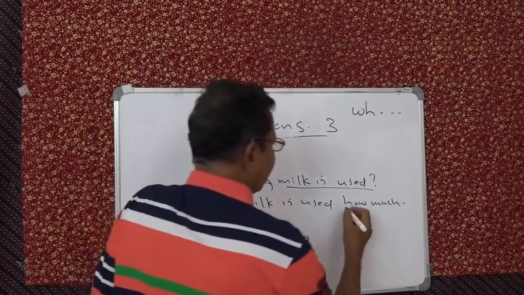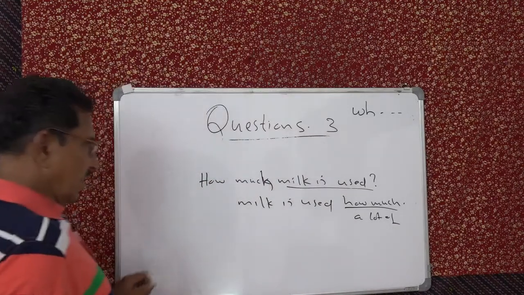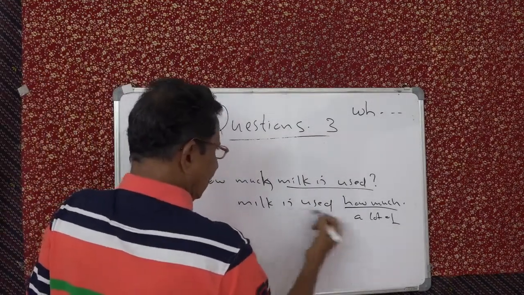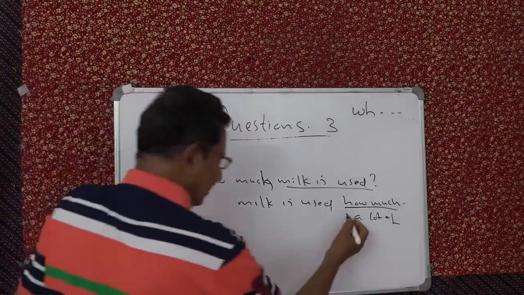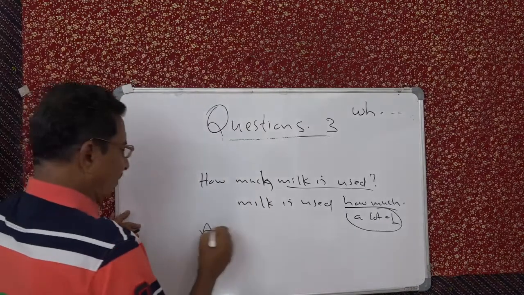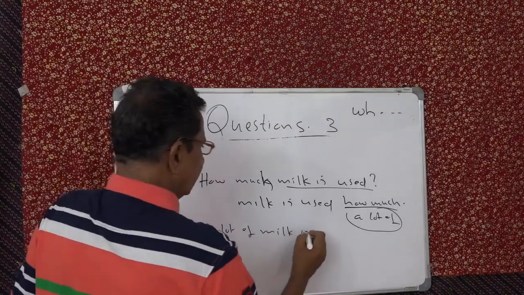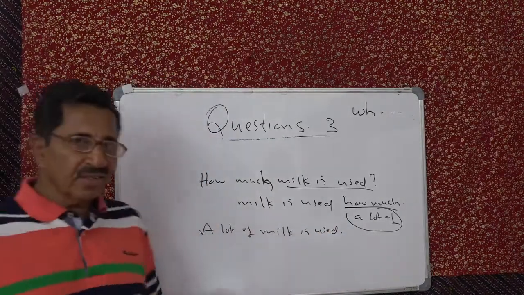A lot of. Milk is used a lot of. So change the position from here: a lot of milk is used. So this is the statement and this is the question.